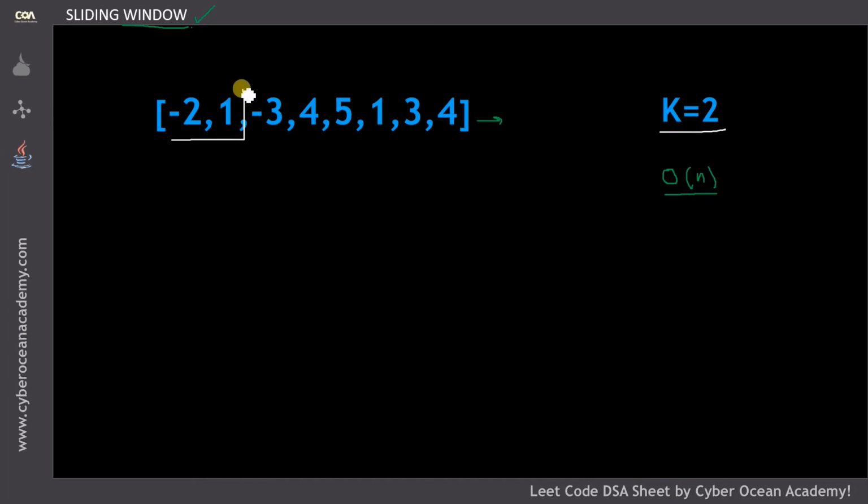You can assume that this is your window, and the length of the window is simply the size of k, the subarray size. You can slide it forward, or also go backward, but since we are solving this problem, we will slide this window forward only.